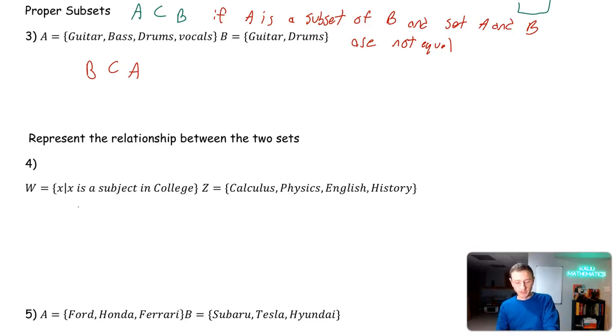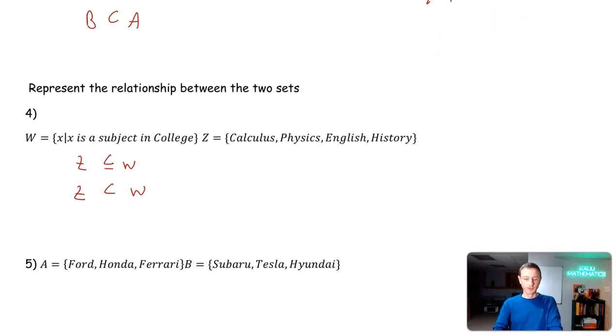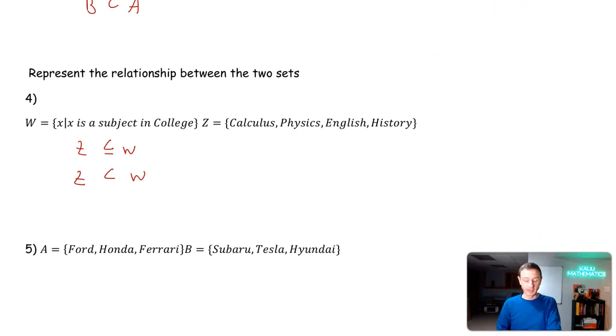So we would say Z is a subset of W. And we could also say Z is a proper subset of W because it's a subset and it's not equal to W, because there are more subjects in college than just calculus, physics, English, and history. There's biology. There's college algebra. There's tons and tons of subjects. So it's not going to be equal.